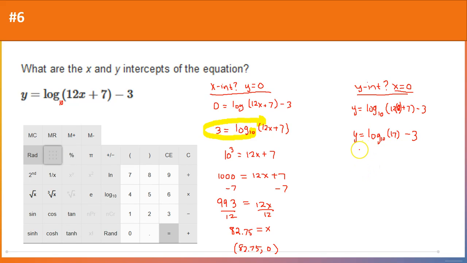So the reason I have the calculator here is we can calculate what log base 10 of 7 is by using our calculator. Usually the way that it works is you click 7 and then you click log base 10. Usually you put the number first.